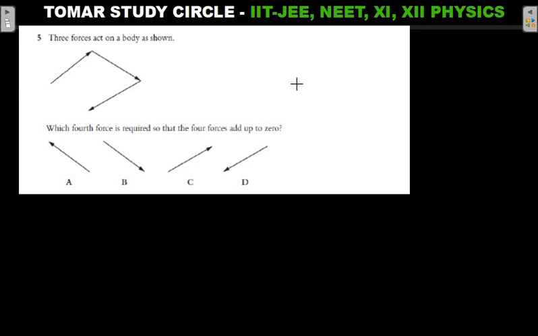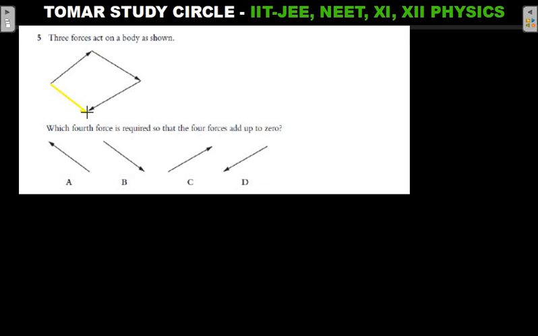The next question is here. Three forces act on a body as shown. Which fourth force is required so that the four forces add up to 0? The resultant of these three forces will be this.